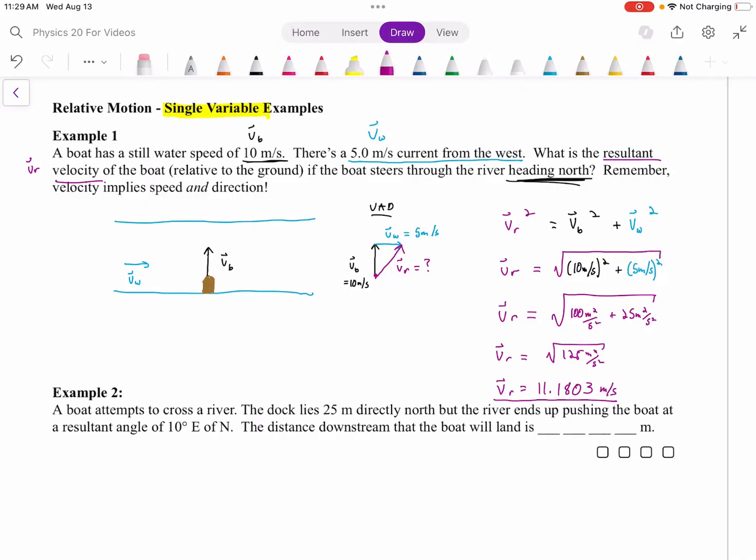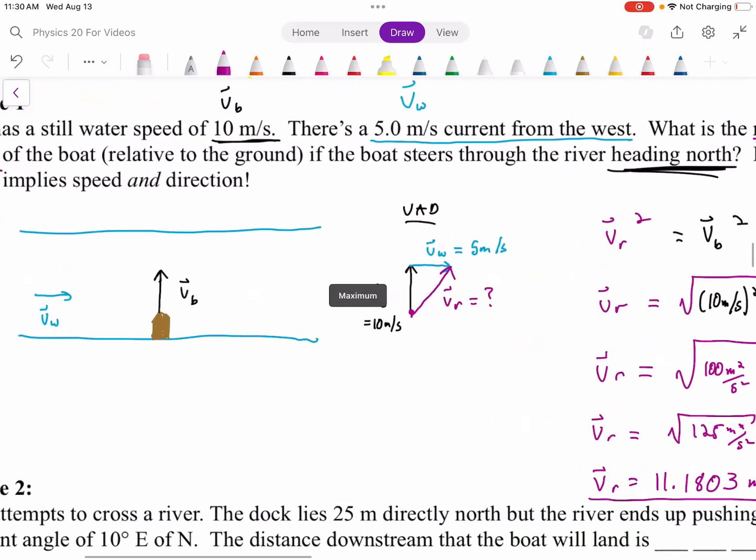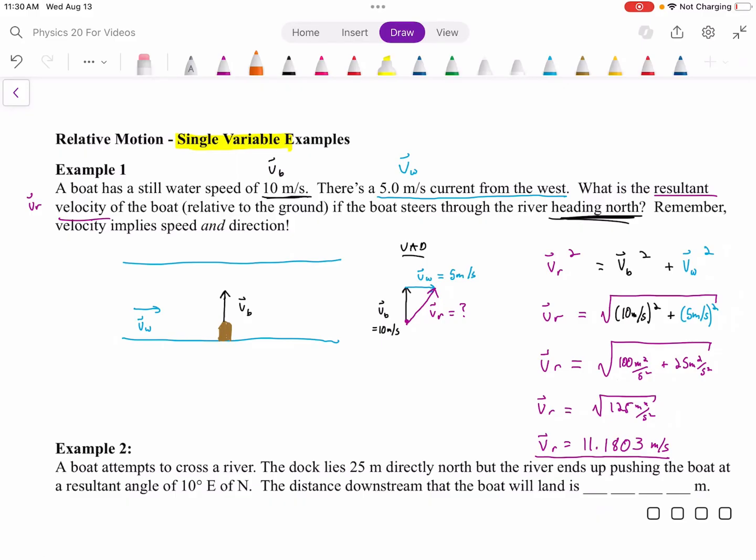We know we can't add y's to x's that simply, but using trigonometry, we can figure out what that combined velocity would give us. Okay, now that's the speed, that's the magnitude, how fast it's going, but it's a velocity, it's a vector. We need to get the direction as well. So once again, look how handy our diagrams come in.